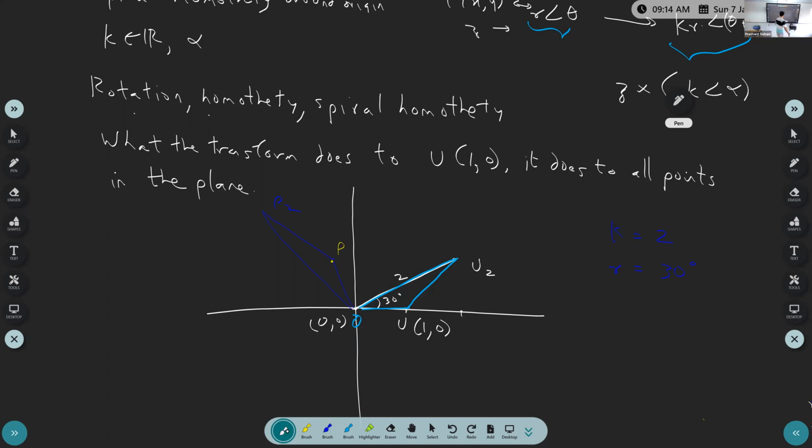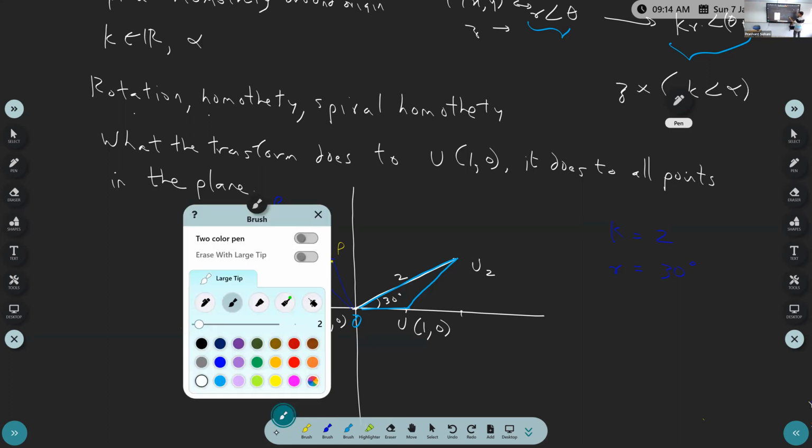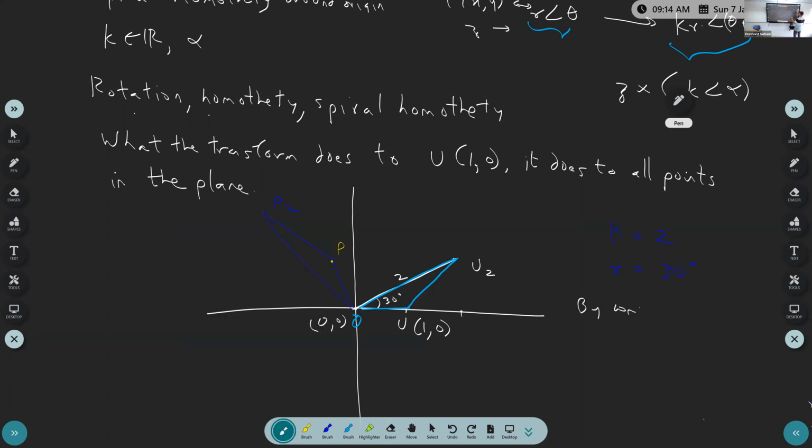By construction, these two triangles are similar: triangle OUU2 is similar to triangle OPP2.